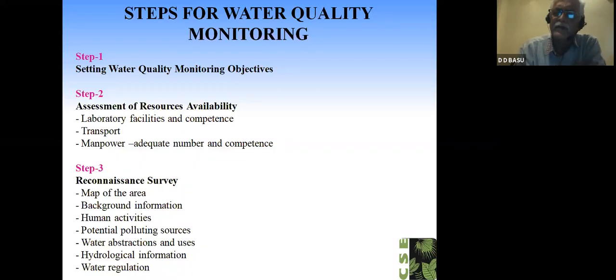Whether that huge stretch of land is only agriculture, maybe some places where industrialization is there, some places where urbanization is there. Then you have to find out potential pollution sources: where sewage is coming, where industrial wastewater is coming, where agricultural runoff is coming, along with hydrological information.